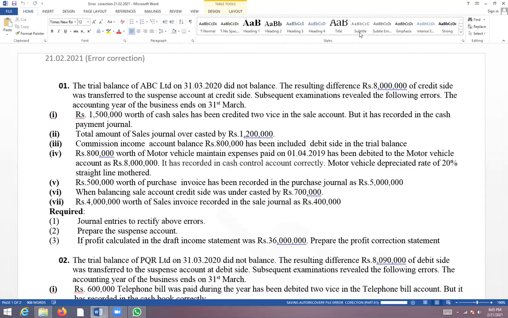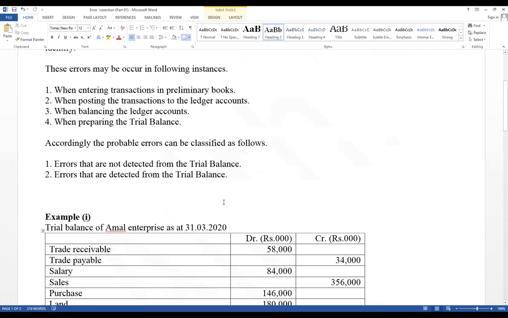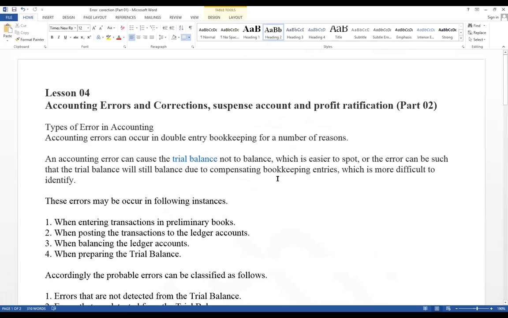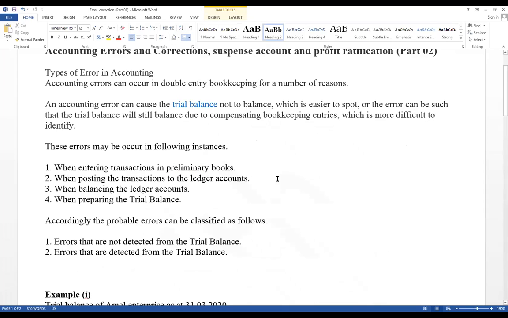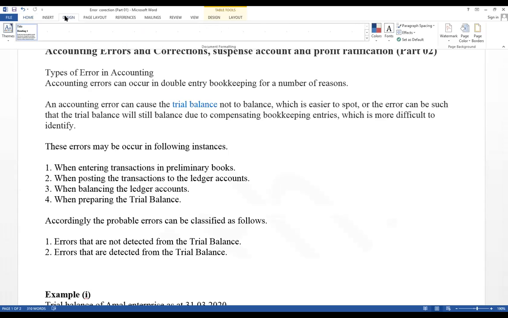Some errors affect suspense accounts. In the general ledger, you have to prepare the trial balance by closing ledger accounts.